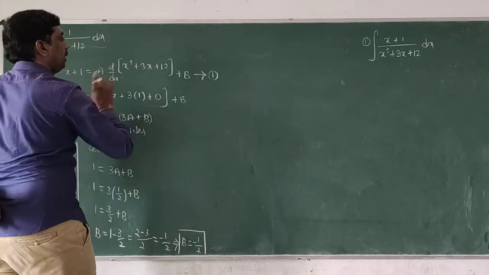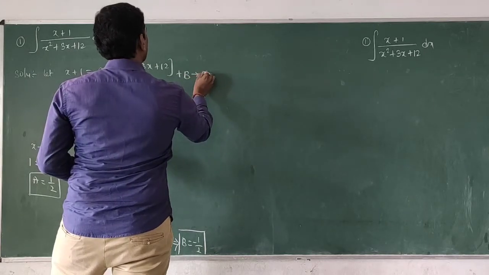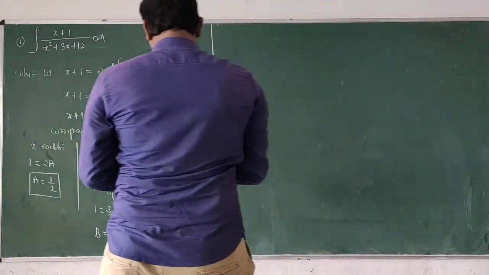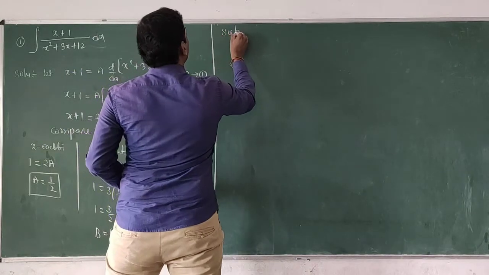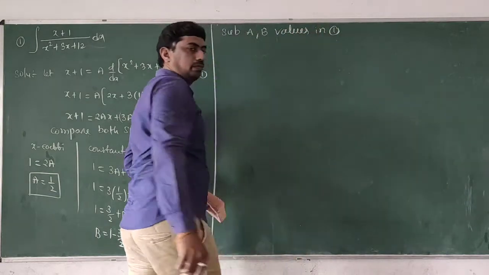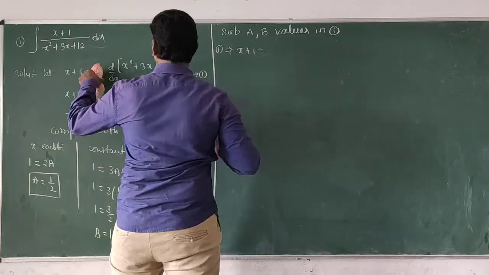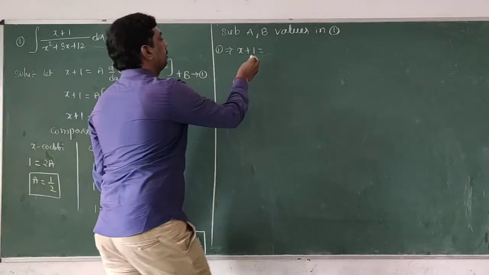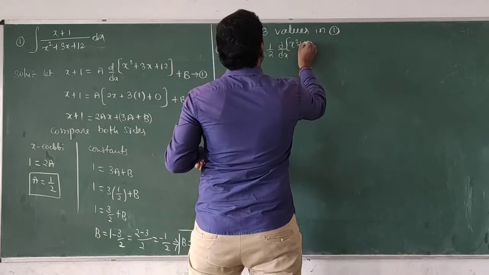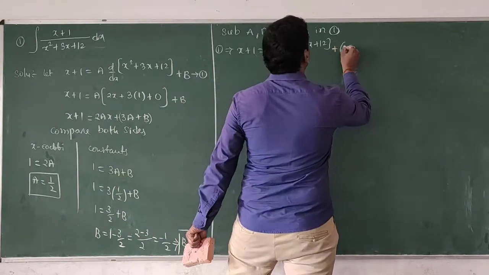Substitute a, b values in 1. Then the first equation implies x plus 1 equal to a into, what is the a value here? 1 by 2 into derivative of x square plus 3x plus 12 plus b. b value minus 1 by 2.